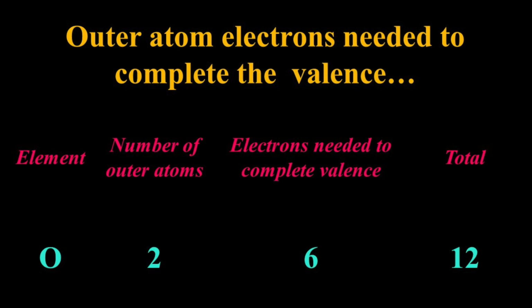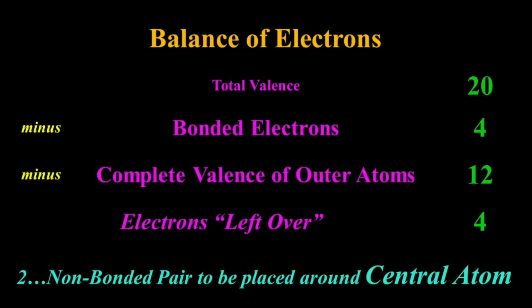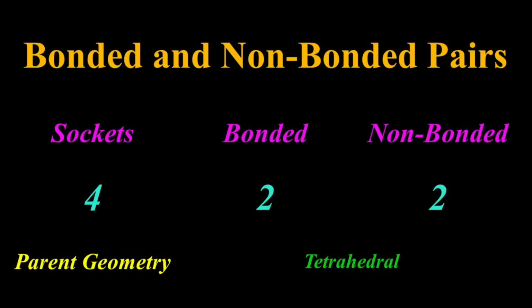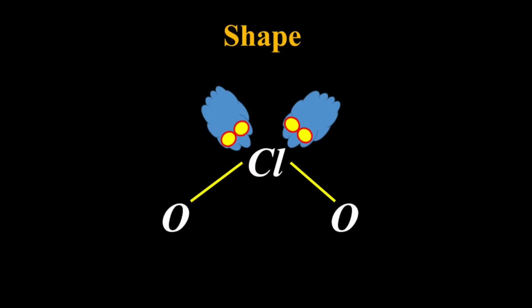And let's see if we can jump ahead a little bit. So it's going to be like water, really. So it'll be bent with 2 excess pairs. The parent geometry will be tetrahedral. And I'll just let this play through. We should be getting fairly good at this by this time.